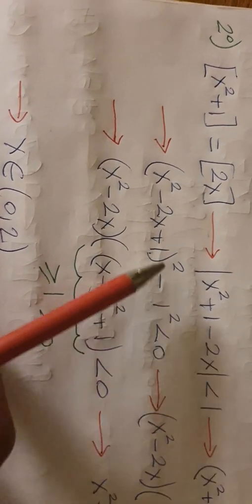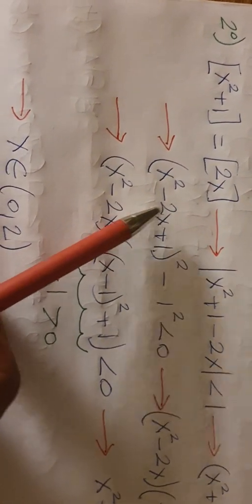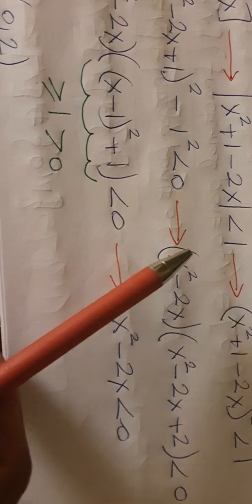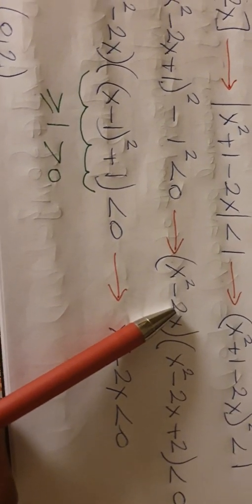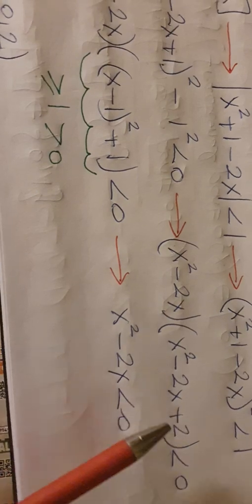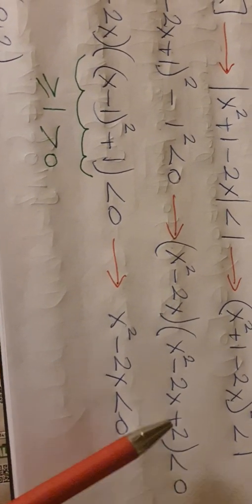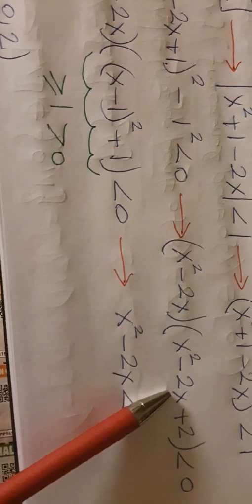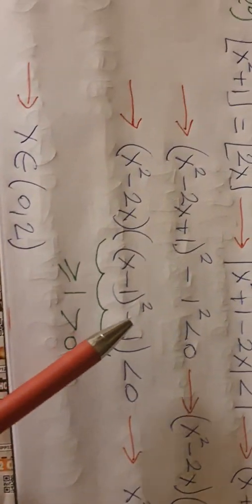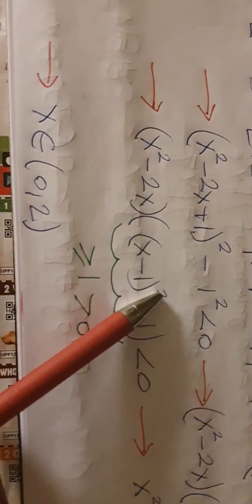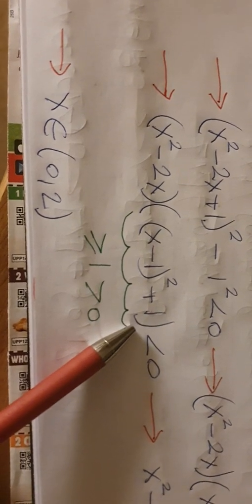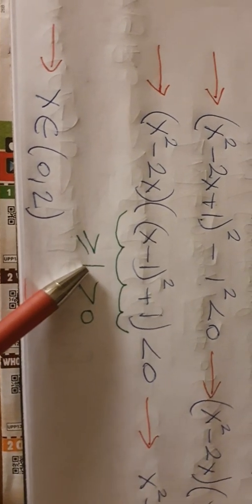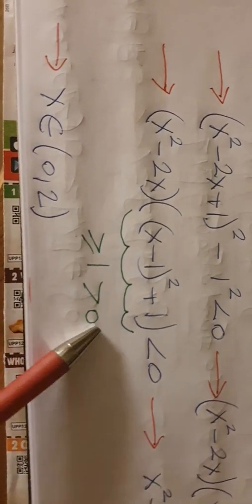And now by factoring the left-hand side of the inequality, we will get x squared minus 2x as the first factor and x squared minus 2x plus 2 as the second factor. If we take a look at the second factor, it can be rewritten as (x minus 1) squared plus 1, which means that the second factor is at least 1, which is obviously strictly greater than 0.